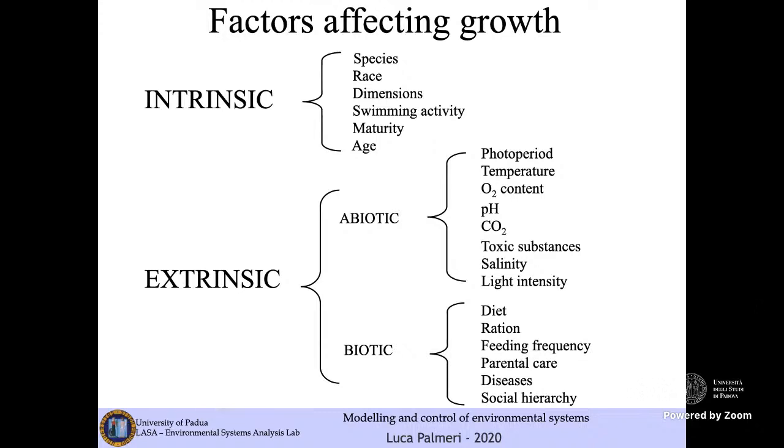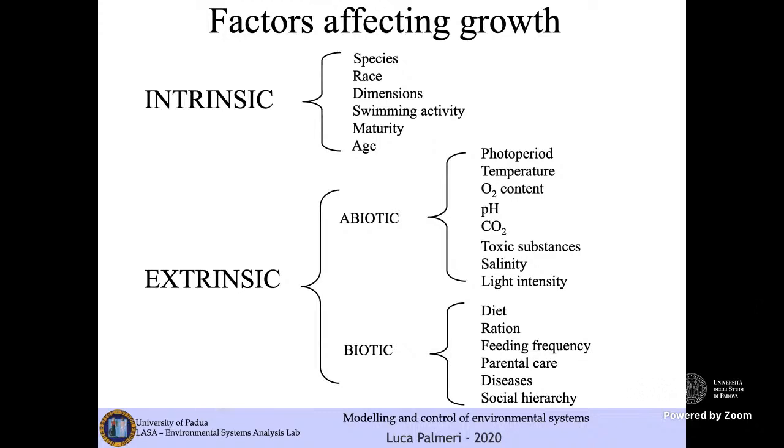Biotic factors that are extrinsic in this case are related to diet, ration, feeding frequency, parental care, diseases, or other factors related to population dynamics, like, for example, social hierarchy.